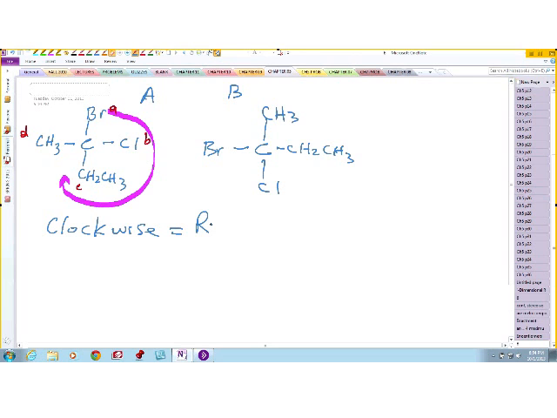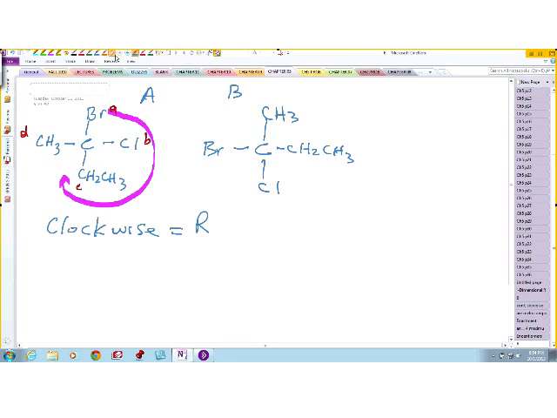Okay, this is my rule. Add this to it. This is not in your book, but this is the rule that I made up, and I published this in 1982, long time ago, before most of you were born. If you make your motion, and the group of lowest priority is not going away from you, it's coming at you, whatever motion you make, switch it.